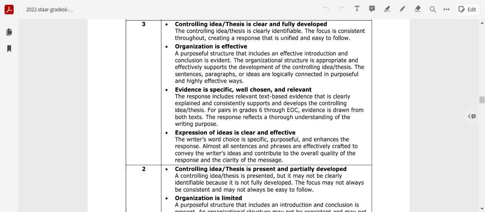So that's all this type of writing is. It's basically getting them to write about what they're reading. So practice that in class and also on a computer, whether you use Google Docs, Google Slides, Eduphoria, or whatever other programs you have. They need that practice.